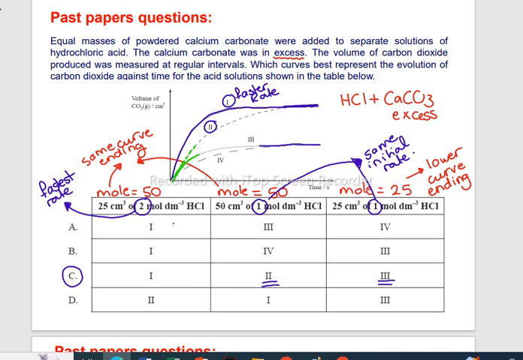Yes, they have the same initial rate. So both double I and the triple have the same initial rate. At the same time, the triple ends below I and double I. So this is the correct curve for the triple compared with double I and the I part, which is the first one. So the answer is the C answer.